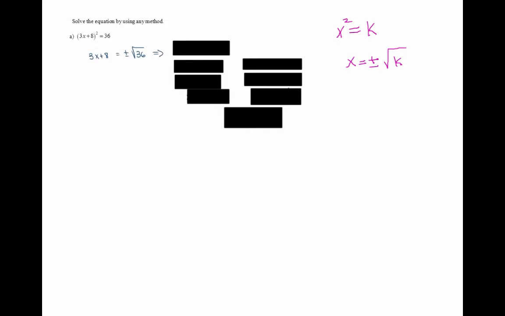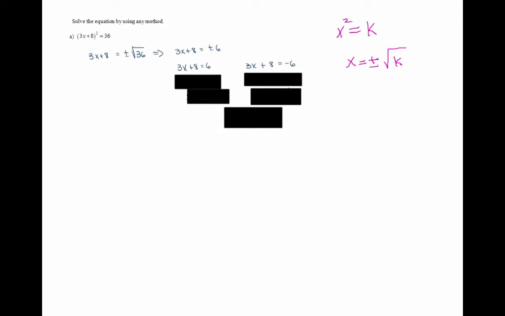I can remove that square root first. It would be plus and minus 6, so 3x plus 8 is equal to plus 6, or 3x plus 8 is equal to minus 6.